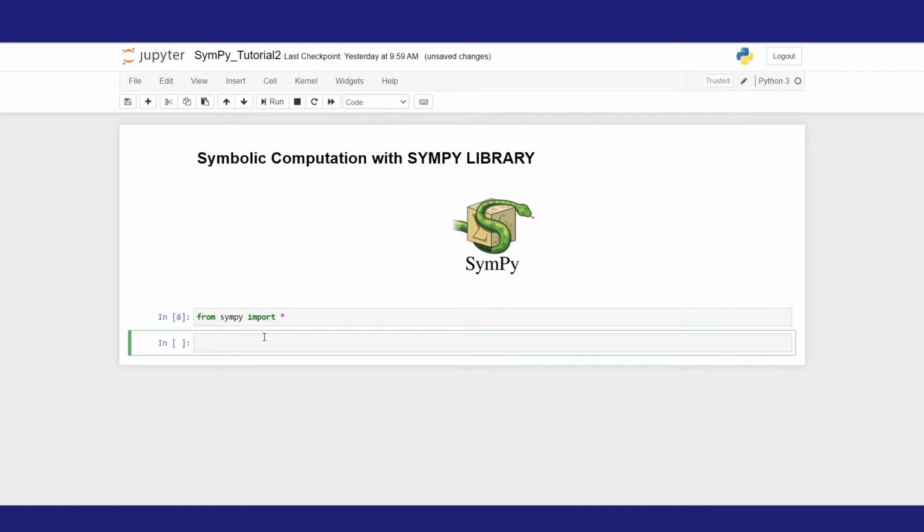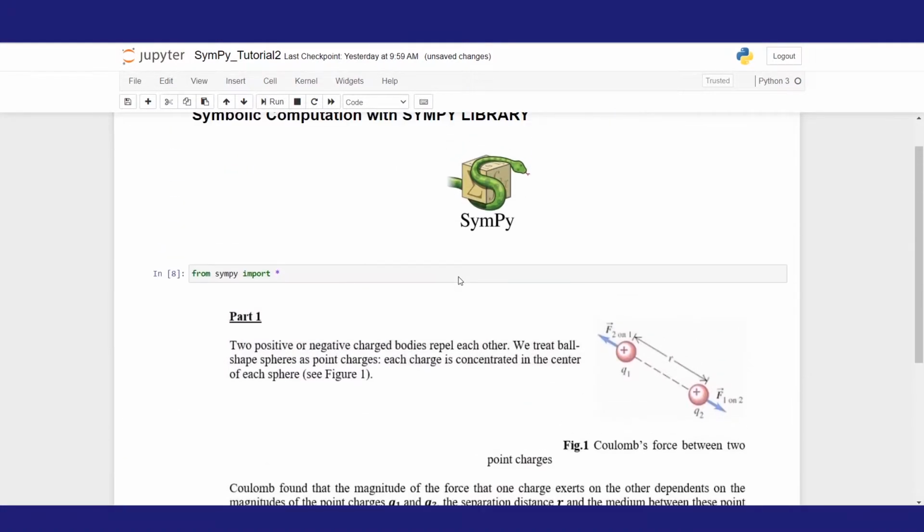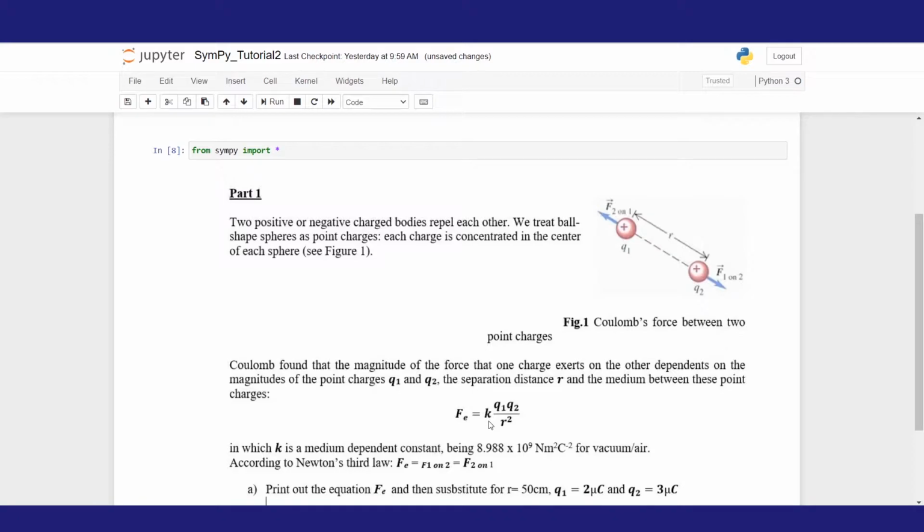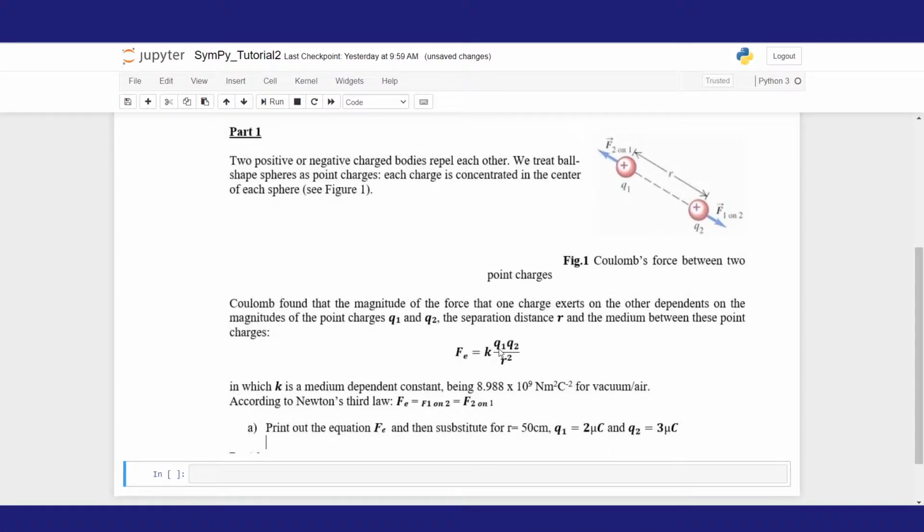And as a test, I'm going to first import our questions that we are going to do. Our markdown, if I run that, we are going to deal with this expression of the force that exists between two charges, which can be similar charges or opposite charges, and this is the Coulomb's force.